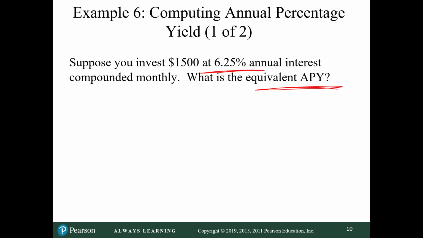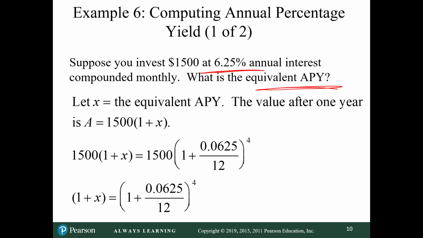Okay. To figure this out, we take 5,000 times 1 plus a certain interest rate, and we compare it to what we get when we compound at that interest rate.